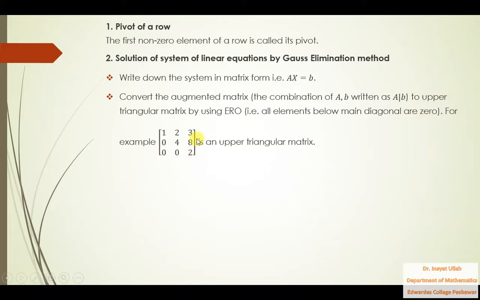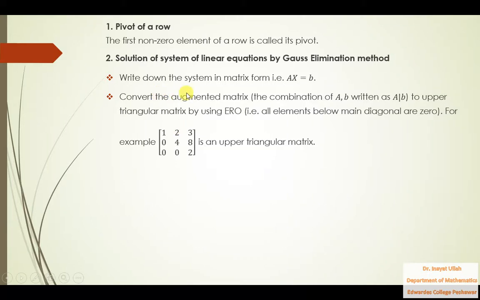For example, that is a matrix. This is the main diagonal of this matrix, 1 4 2. Below this main diagonal all elements are 0. So we will say that this matrix is in upper triangular form. If above this main diagonal these elements are 0, then we say that this matrix is in lower triangular form.